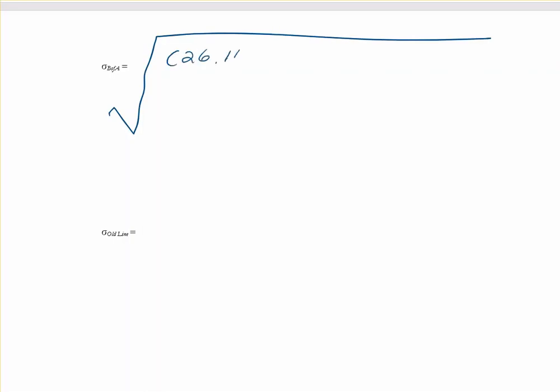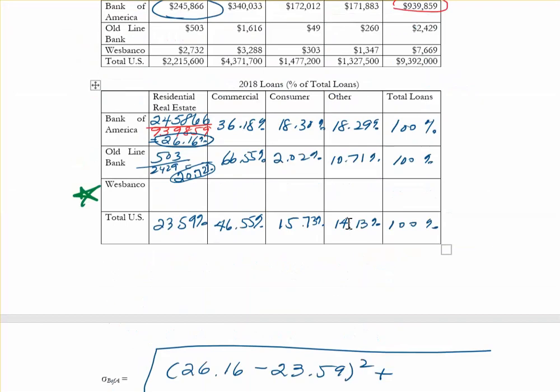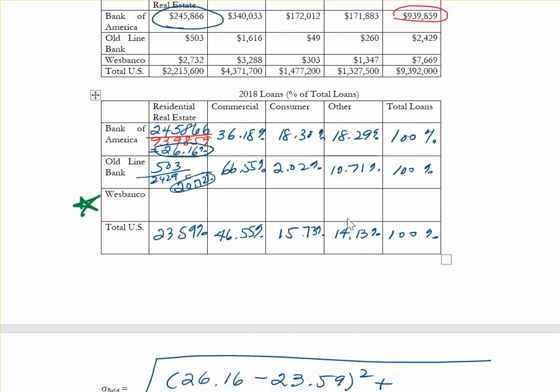So the deviation for Bank of America will be Bank of America's portfolio minus the US aggregate, which is 23.59, squared. Let me just point out where that came from in the table for a moment. So I took Bank of America's 26.16 and then subtracted the 23.59. And then the next step, I'm going to take the commercial Bank of America, subtract it from the US aggregate commercial.